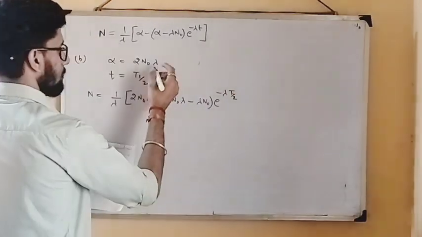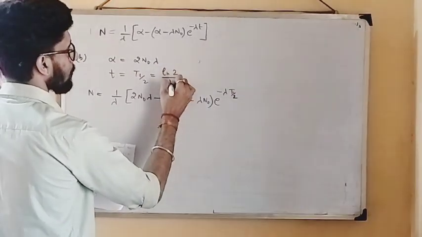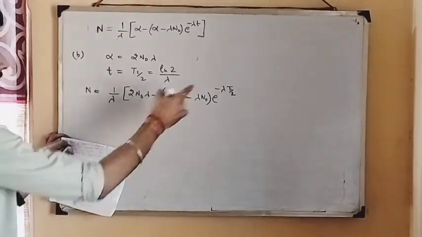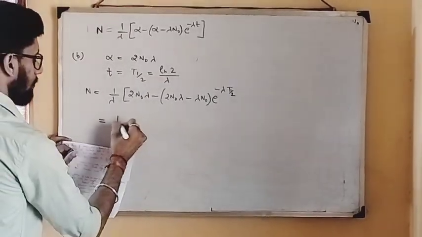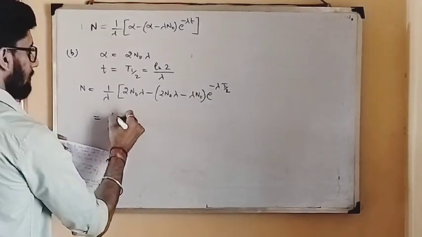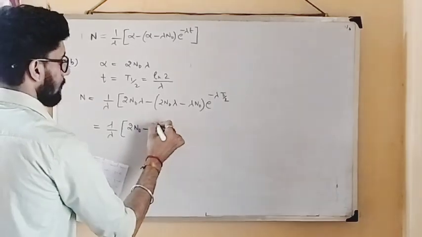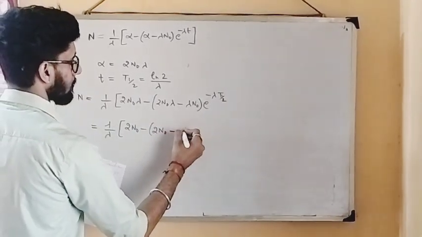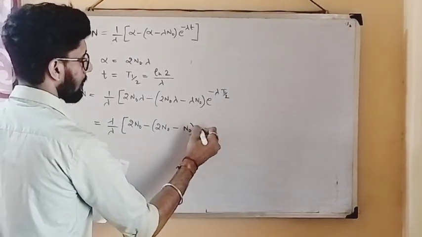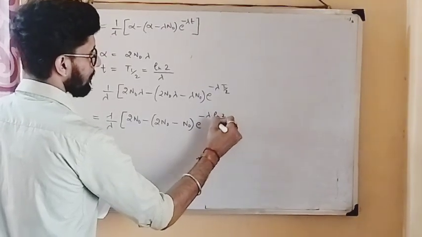Listen, t half can be written as natural log of 2 upon lambda. So we put it over here. If we take lambda common, lambda can be omitted. That will be 2 n naught minus n naught e raised to power minus lambda into natural log of 2 divided by lambda.